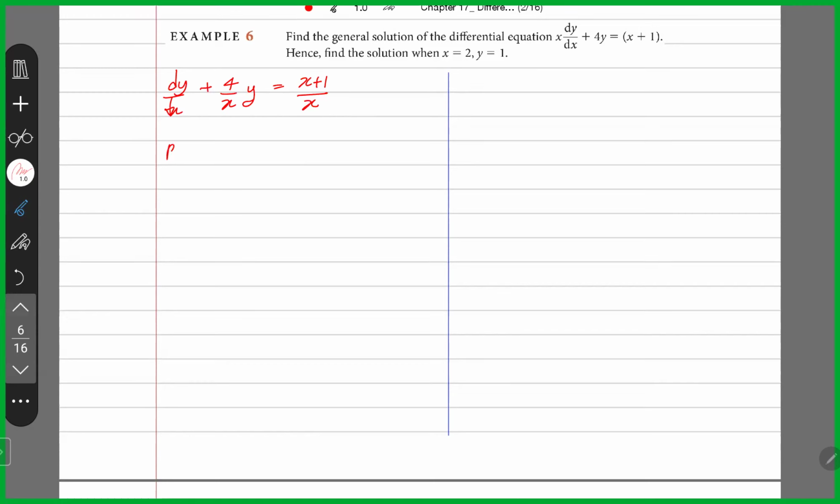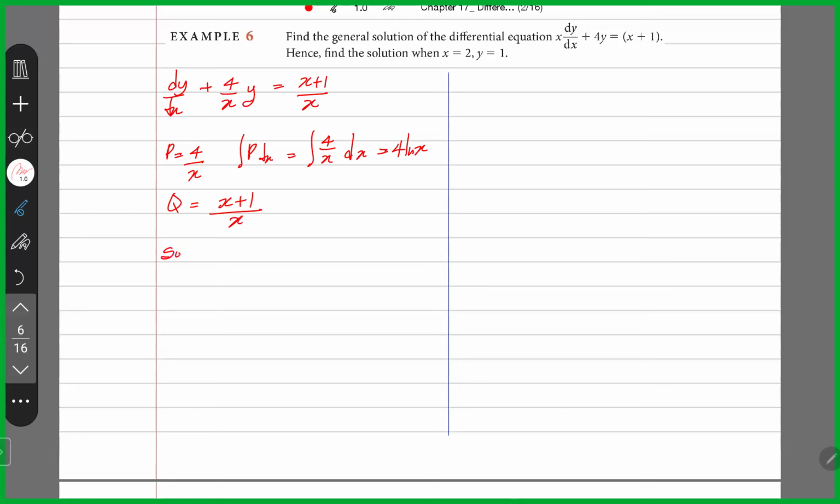So now my p is 4 over x, and the integral of p with respect to x would be the integral of 4 over x with respect to x, which essentially is 4 ln x, or we could say ln x to the 4th power. Q is equal to x plus 1 over x.